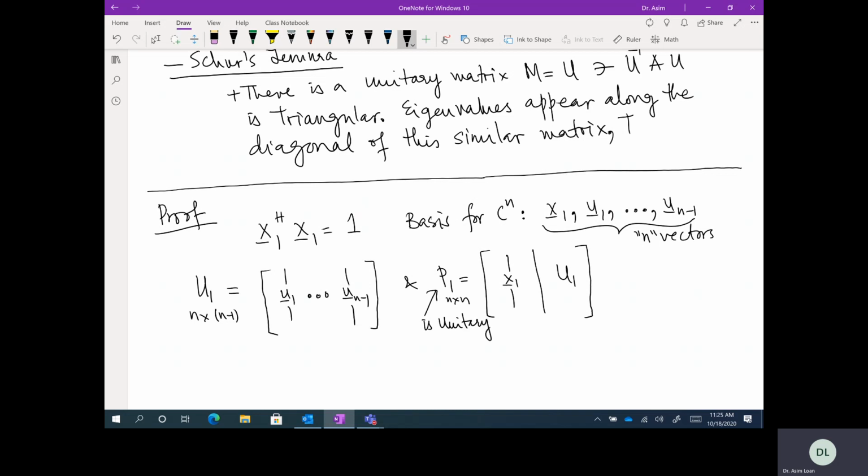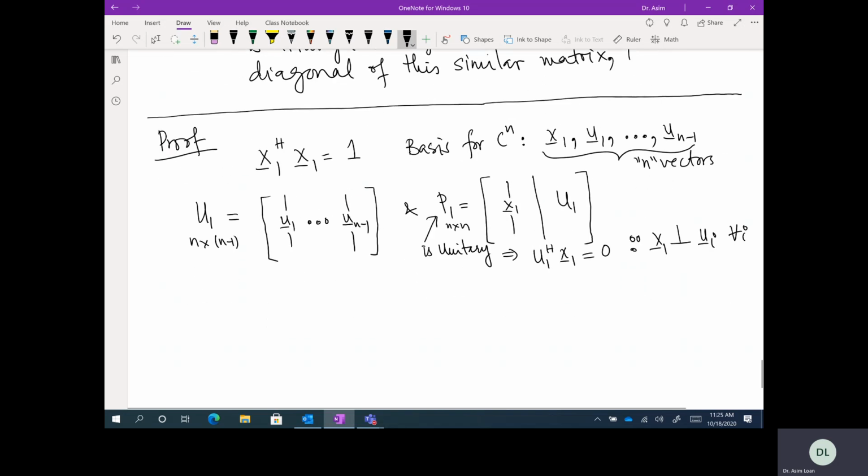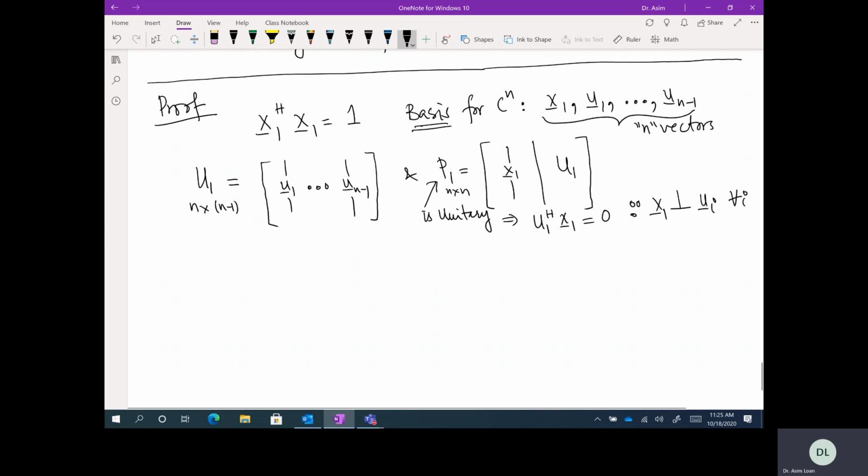Why? Because these are the bases, so obviously they are orthogonal. So P is unitary implies U1 Hermitian times x1 is 0, because x1 is orthogonal to all ui, because of the basis condition.